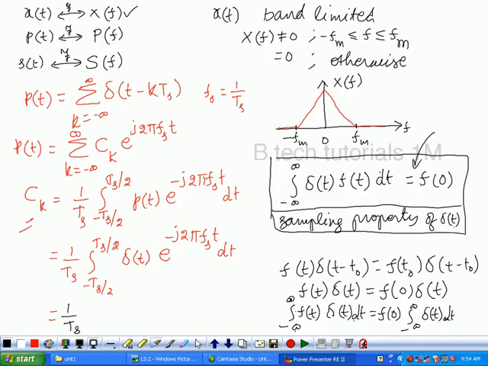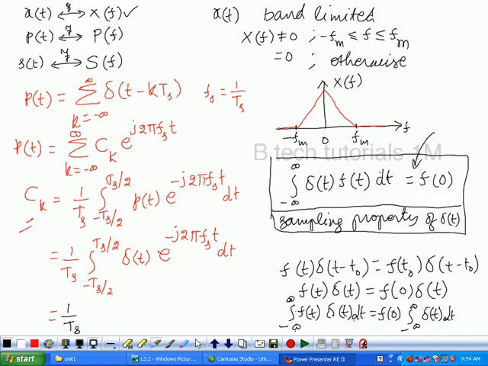Because we can split this integral into three: one from minus infinity to minus Ts by 2, one from minus Ts by 2 to plus Ts by 2, and one from plus Ts by 2 to plus infinity. The two extreme integrals will become 0 because over those intervals delta of t is 0.